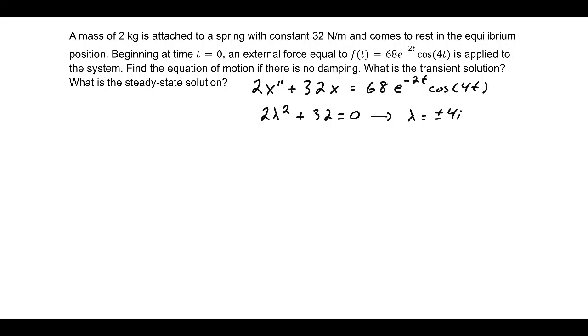So this tells us our general solution is of the form c sub 1 times cosine(4t) plus c sub 2 times sine(4t).